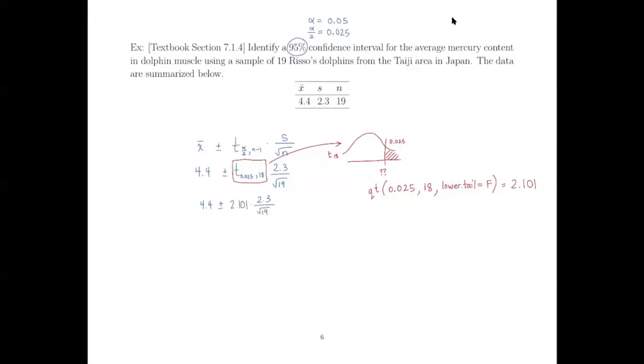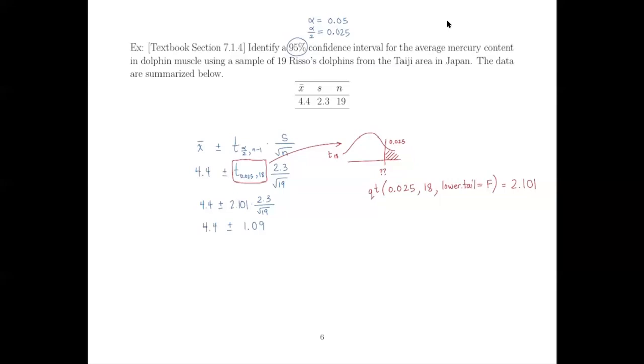So for my confidence interval, let's work out what that number is there, the 2 point whatever. That gives me 4.4 plus or minus, and when I plug that into my calculator, I got 1.09 if I round.